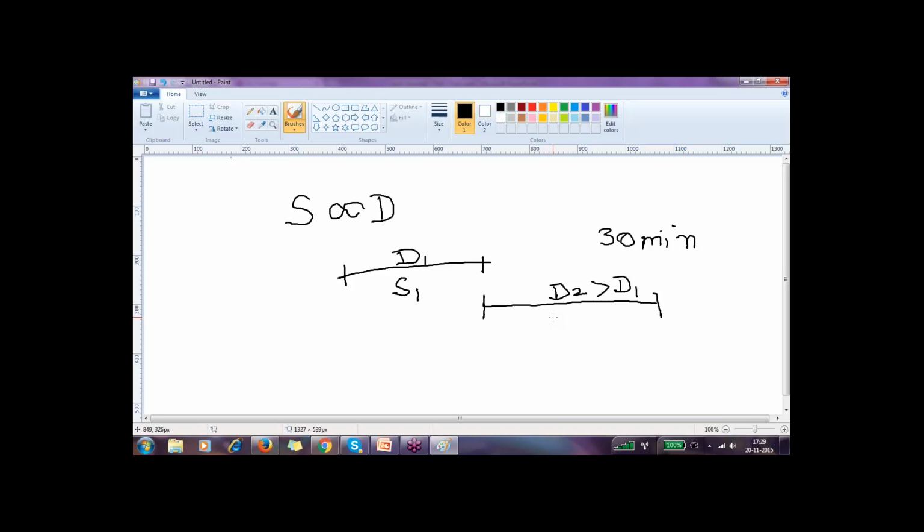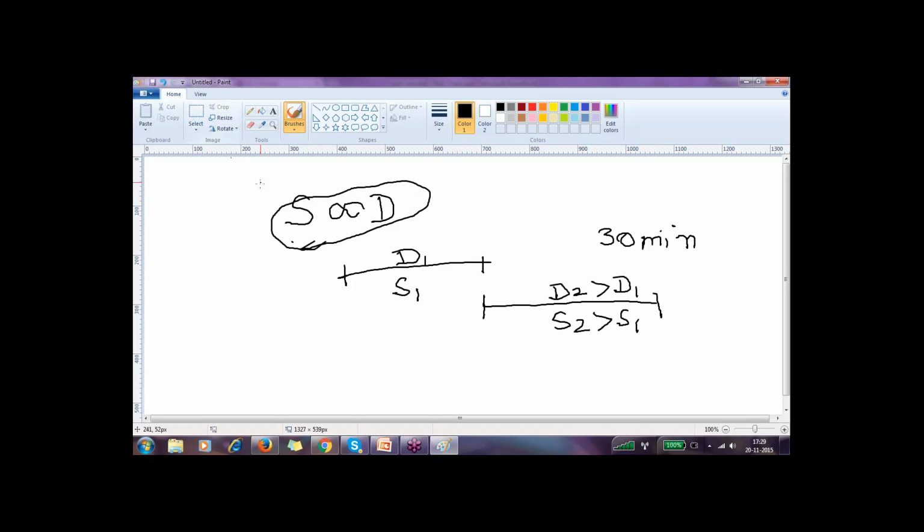So to cover a greater distance in the same time, you will have to increase the speed, which is S2, greater than S1. This is what it means when we say speed is proportional to distance.